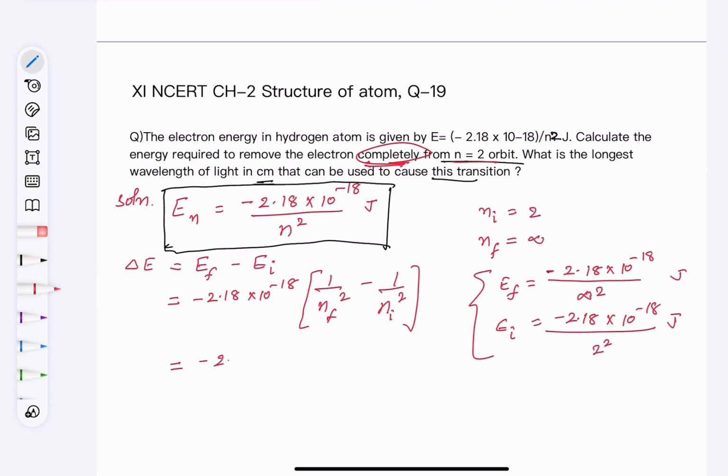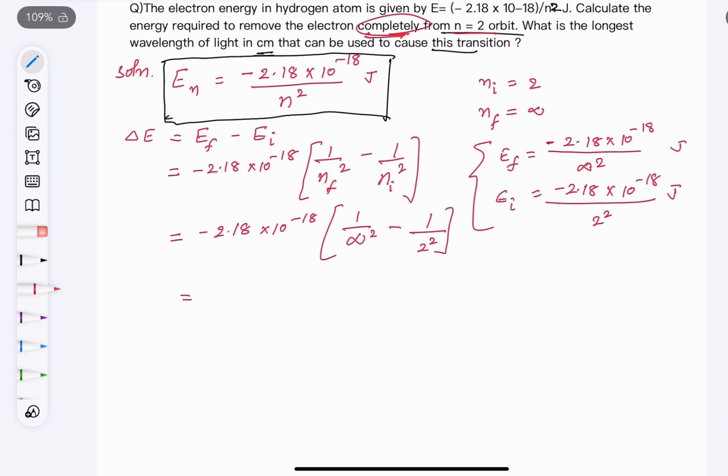Now minus 2.18 into 10 to the power of minus 18, 1 divided by infinity square minus 1 divided by 2 square. This will now give us minus 2.18 into 10 to the power of minus 18, and 1 divided by infinity square is 1 divided by infinity, which is equal to 0. Okay, so we take here 0 minus 1 by 4.